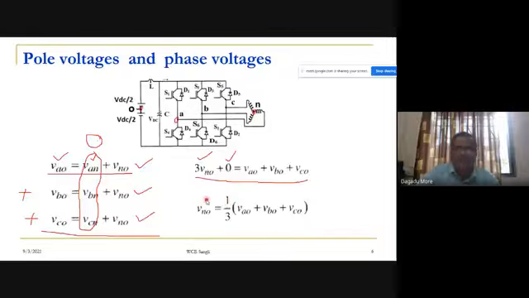Now we get VNO from this: the 3 comes to the other side, so VNO will be one third of VAO plus VBO plus VCO. That is the NO voltage we have obtained.